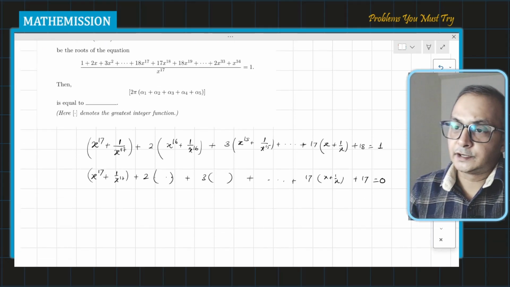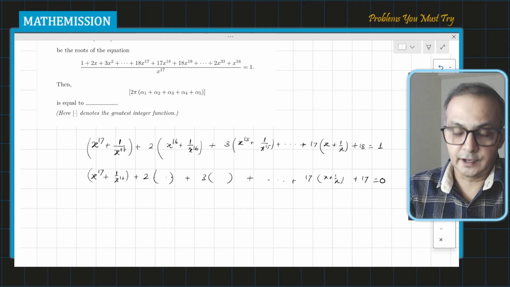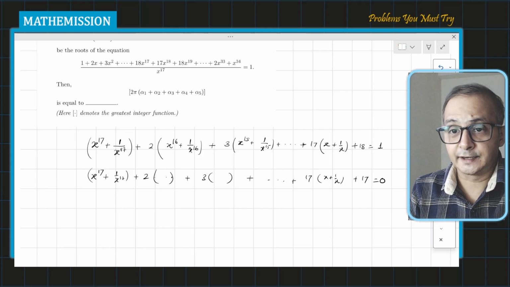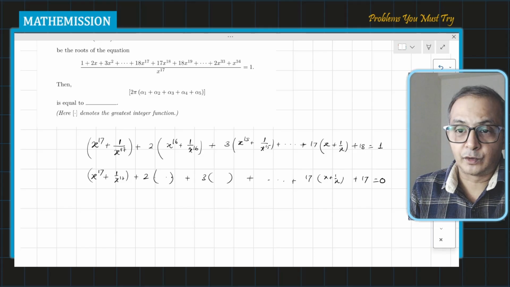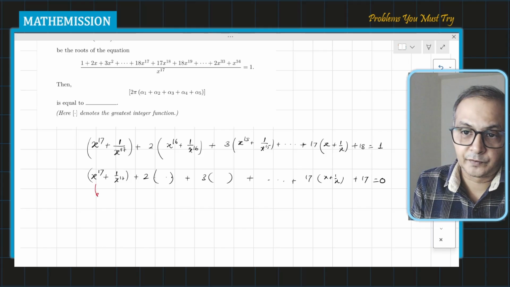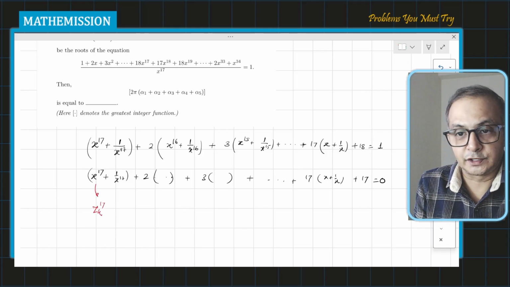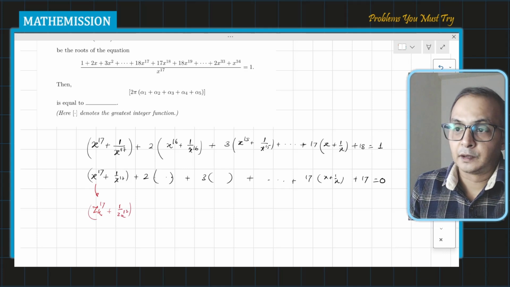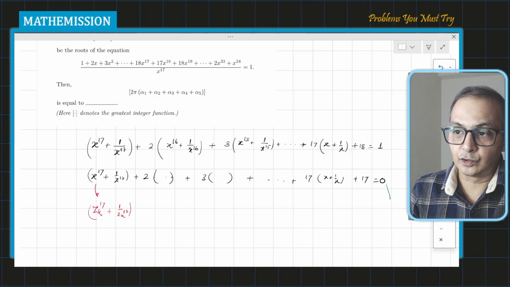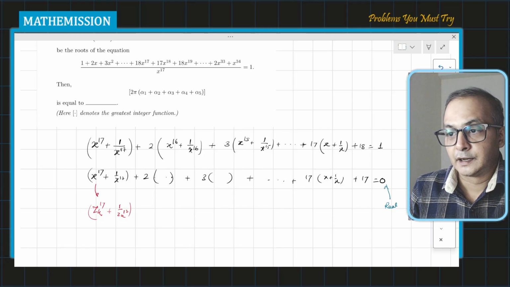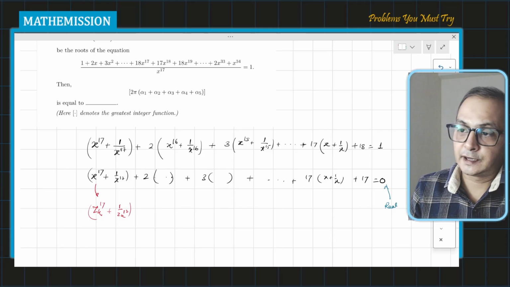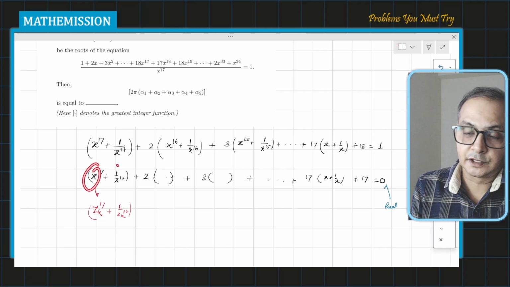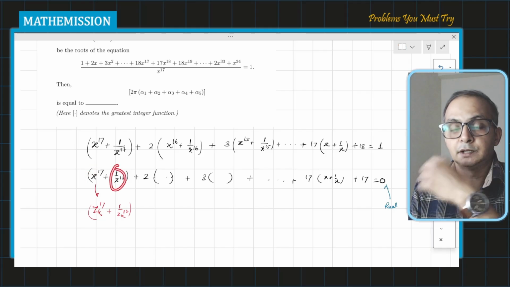Now if zk is a root, suppose I take zk to the power 17 and 1 by zk to the power 17. When you add them up, we are getting the right hand side as 0, which is a real number. Now if I take any complex number here, 1 by zk will be its reciprocal.